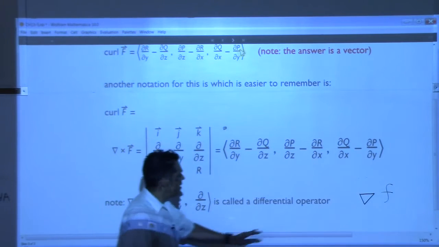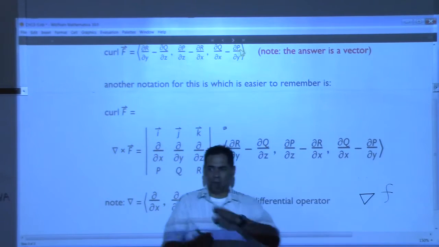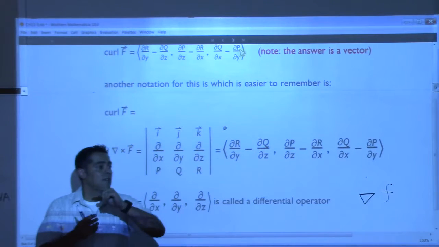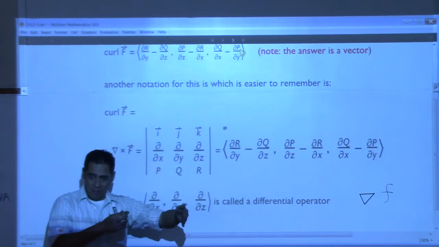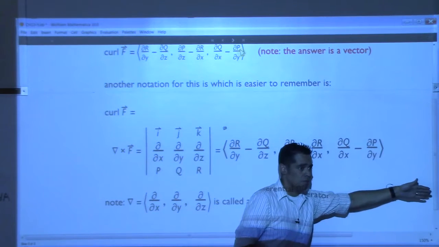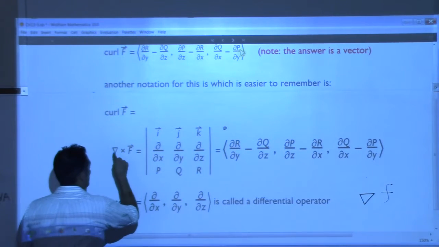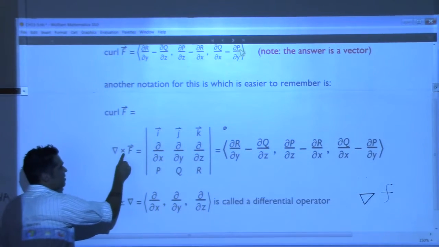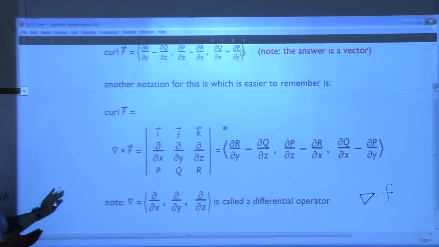So remember, when we say the gradient of little f, it means you take the partial of f with respect to x, right? And then y and then z, respectively. So this gradient means start taking partials. What we're going to do is we're going to take that gradient and we're going to cross it with our field. So you know how we've done cross products, right? We've done cross products many times.